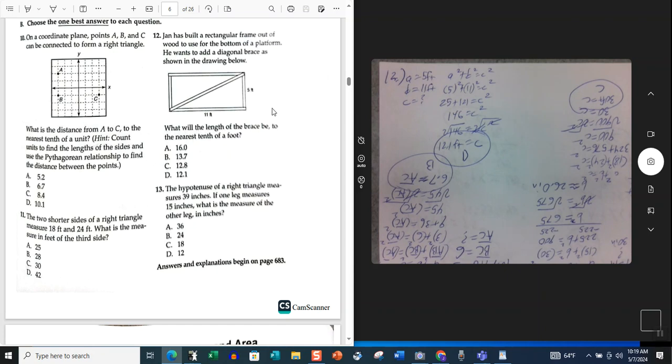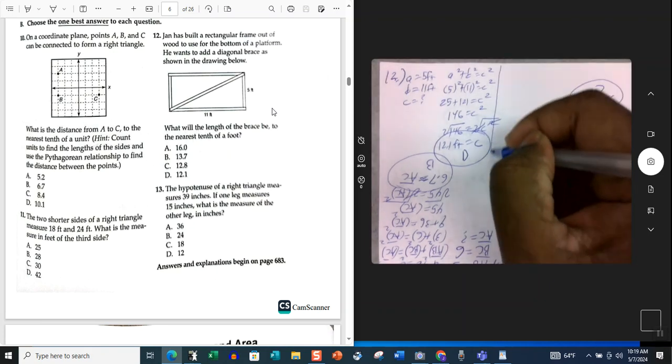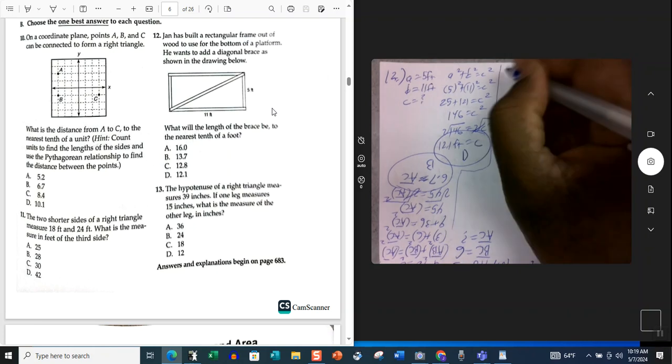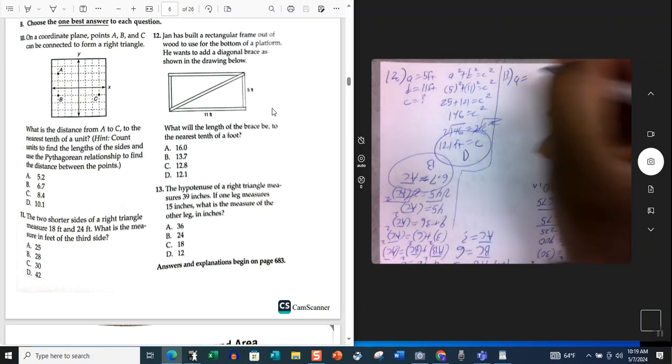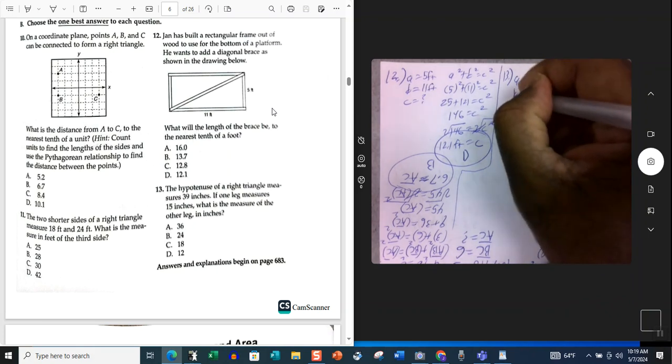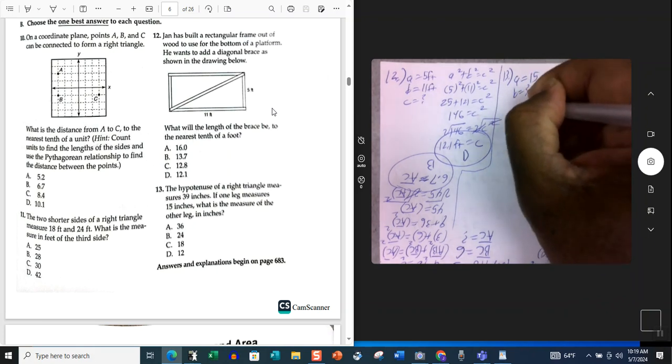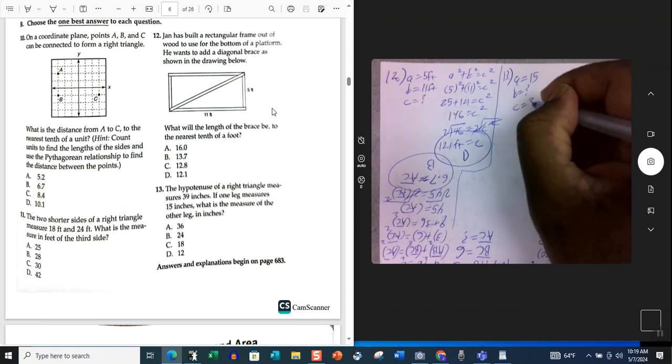Now for 13, it says the hypotenuse of a right triangle measures 39 inches. If one leg measures 15 inches, what is the measure of the other leg? So, if we look at this, we're given the hypotenuse and one leg. So for 13, we could say A is 15, B we don't know, and then C would be 39.